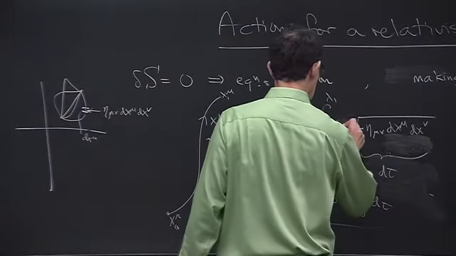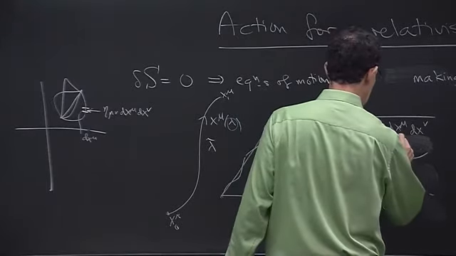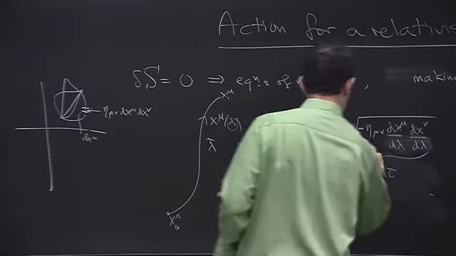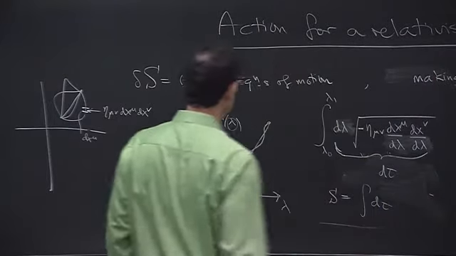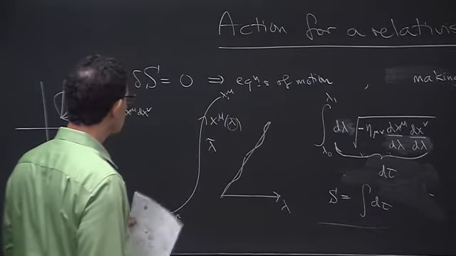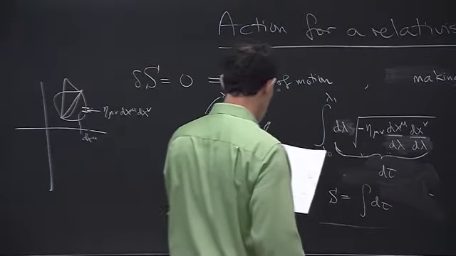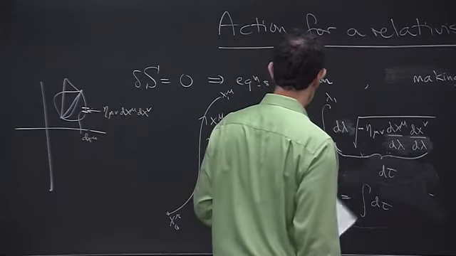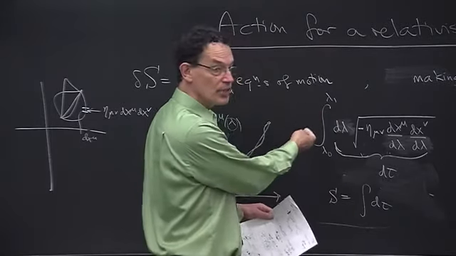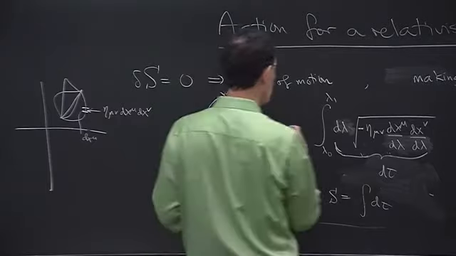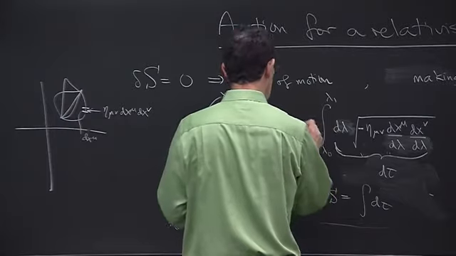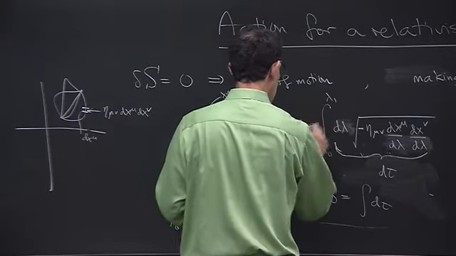Let's put the lambda back, because we're going to imagine there's some lambda. This is still d tau. So that's the action for a point particle. I can put any constant I like in front of it, and it will turn out that the natural constant to use is minus m naught c.